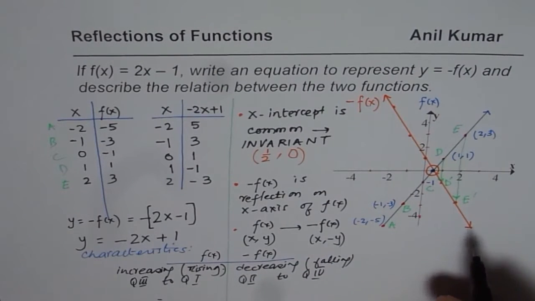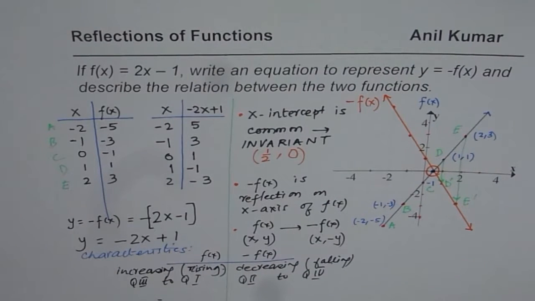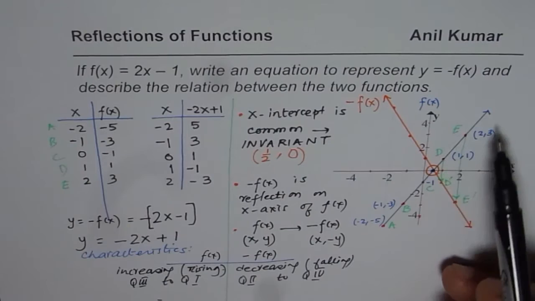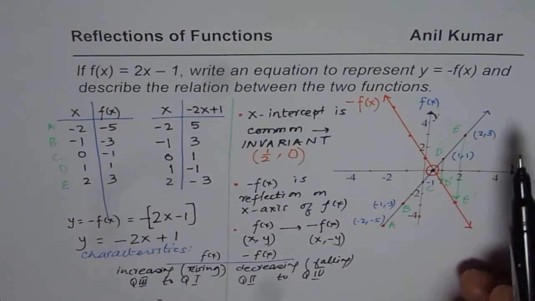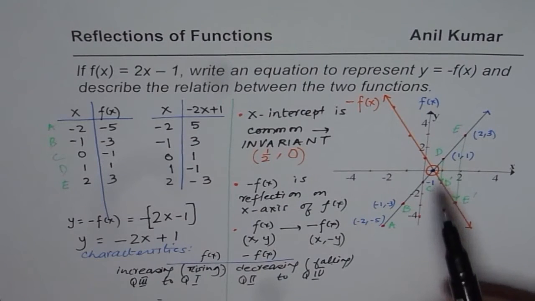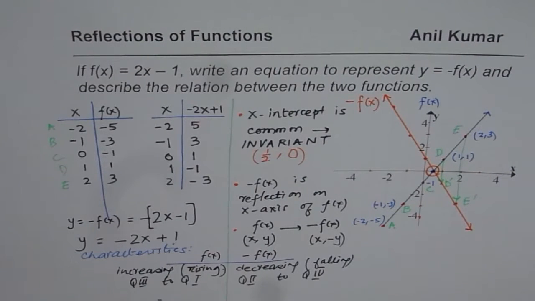So that is another change which we observe as far as the characteristics are concerned. For a linear function, domain and range are all real numbers, so even after reflection it remains the same. However, if we take up some functions like the square root function, you will find that the domain and range will also change. Domain remaining the same, but the range flips, right? That is how it is.